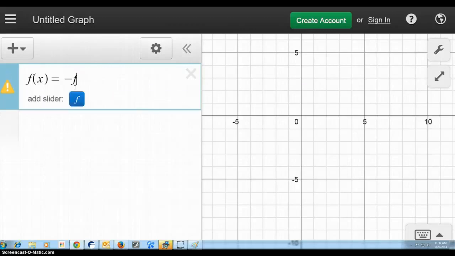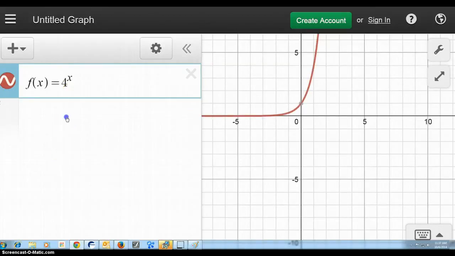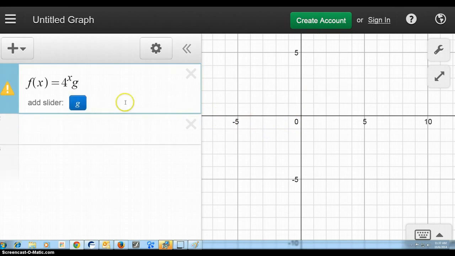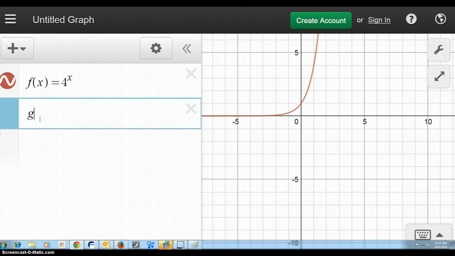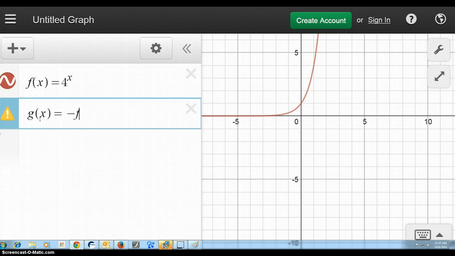Let's pretend this one was 4^x. So we want to sketch g, and it says g is the opposite of f. I'm typing it into my graph. It does take a lot of time to type it, but I think if you can visually see this, you can start to get the idea.